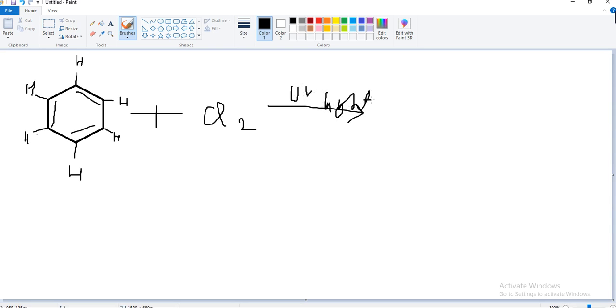this double bond will break, this pi bond will break, and on each carbon one hydrogen atom and one chlorine atom is present.